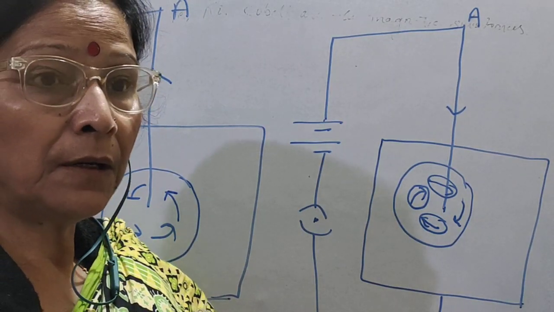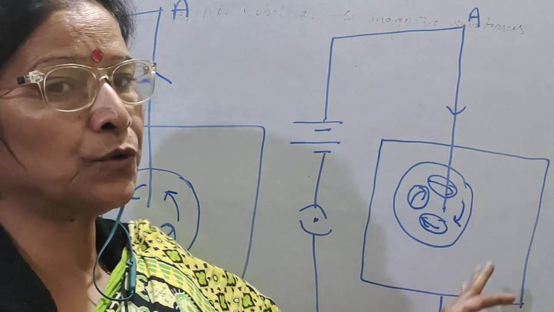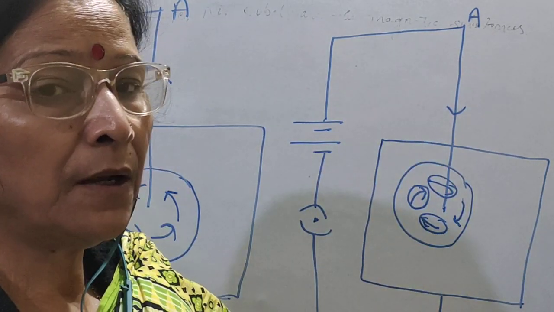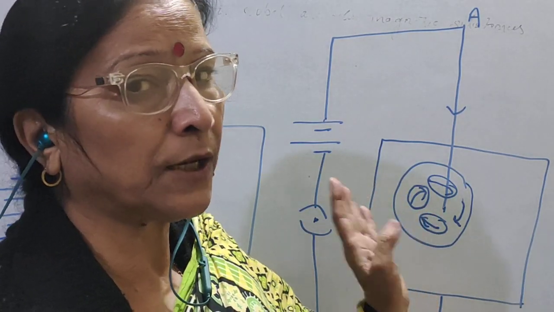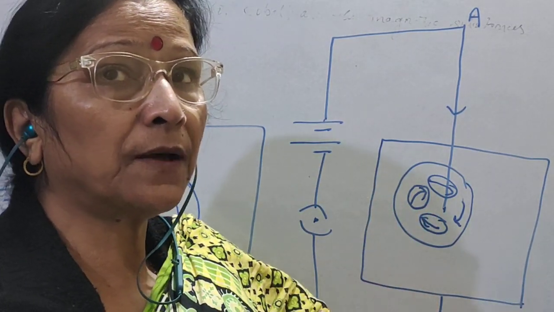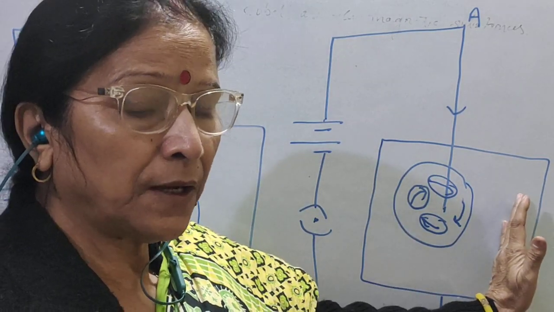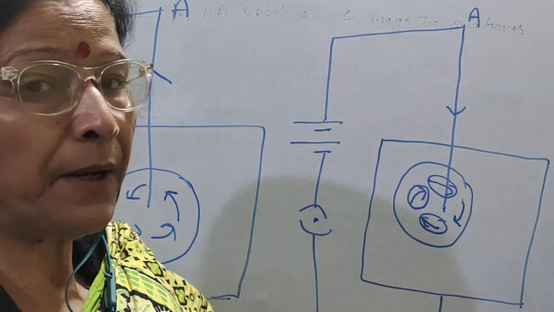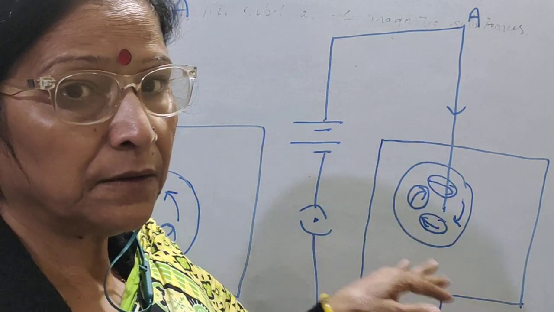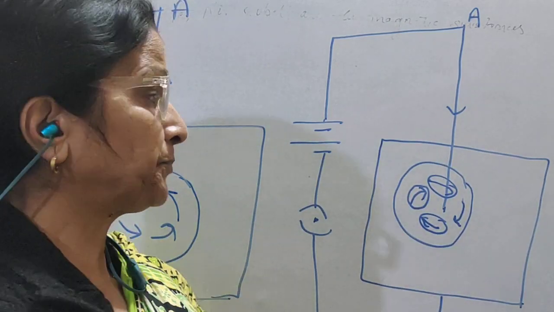Again, the factors on which the strength of the magnetic field produced around this conductor depends are these. As the magnetic field is produced due to current, if the strength of current increases, then the strength of magnetic field increases. Suppose if the current is doubled, tripled, the strength of magnetic field goes on increasing.